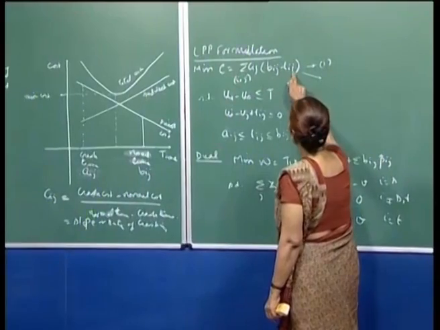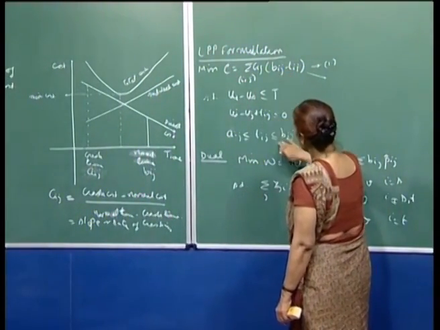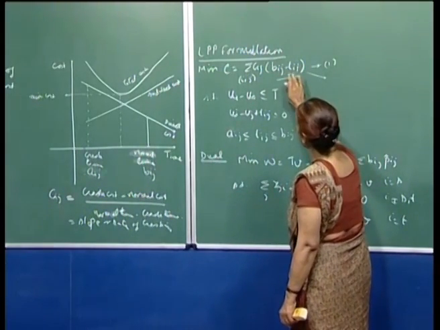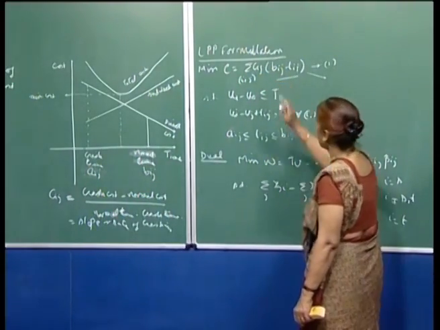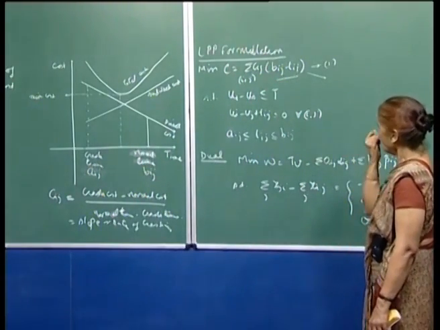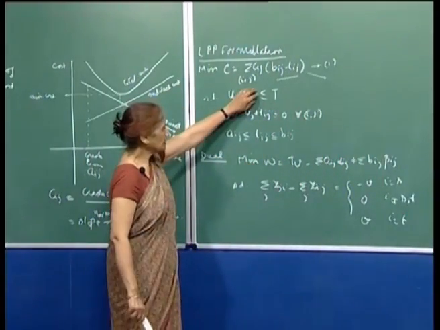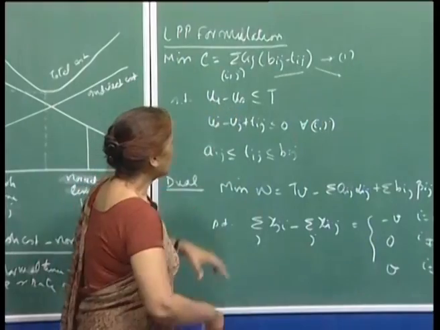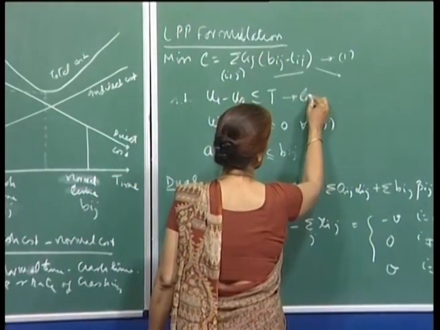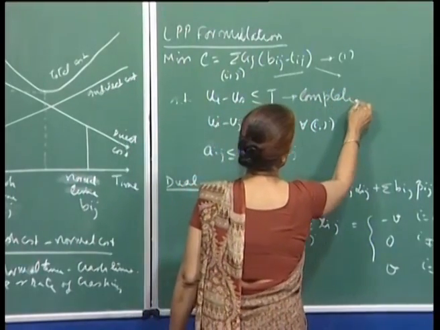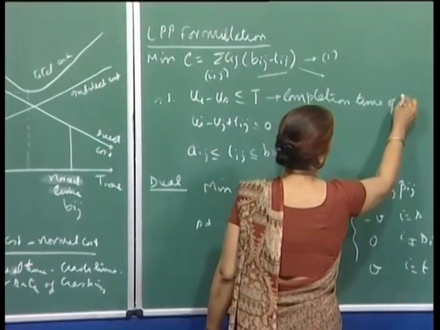Since bij is the normal one, you have crashed the activity by this many days, and so this into cij will give you the cost of crashing the activity ij, right. And then if you have Ut minus Us, you can treat this as 0. So, then Ut minus Us, where t is the completion time of the project.